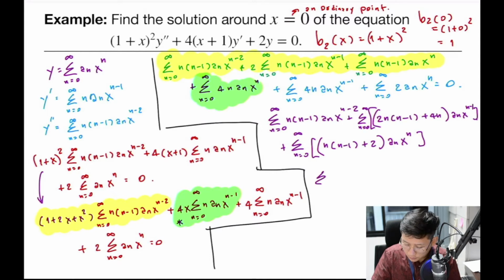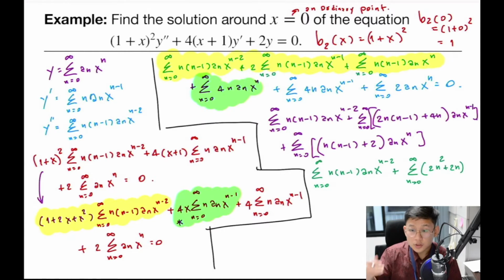So here it will be summation n from 0 to infinity n minus 1 an x to the n minus 2, plus summation n from 0 to infinity 2n squared minus 2n, that will be plus 2n. 2n squared minus 2n plus 4n, that will be 2n squared plus 2n an x to the n minus 1.